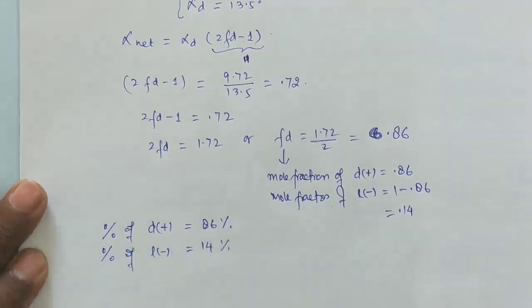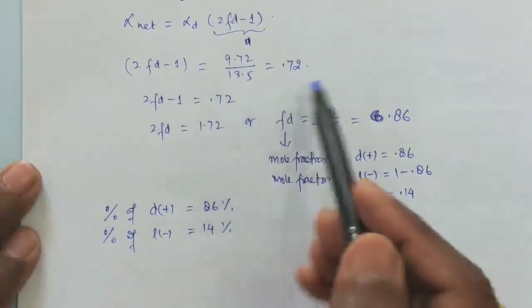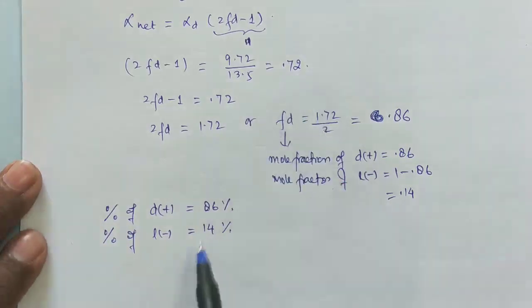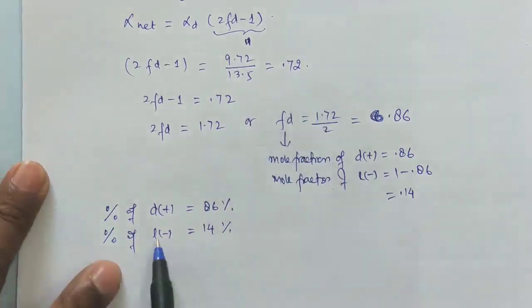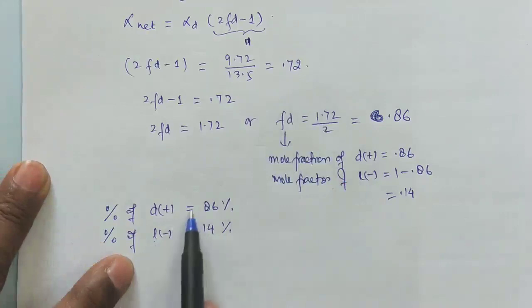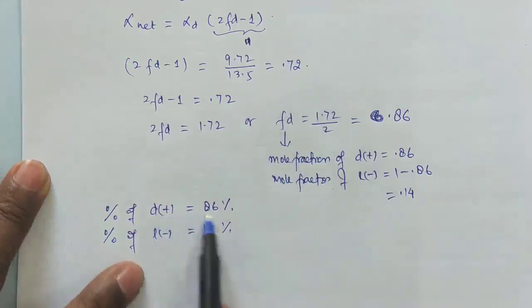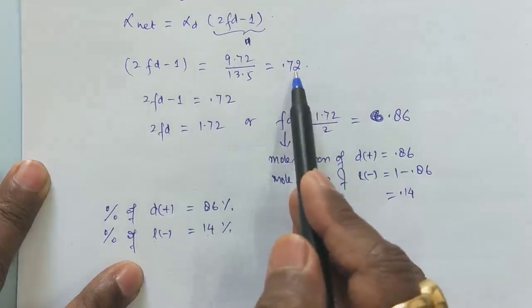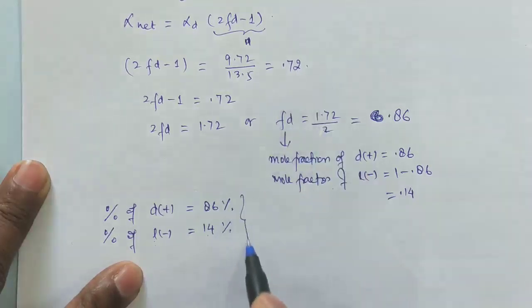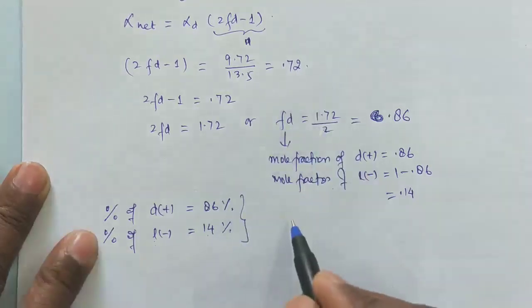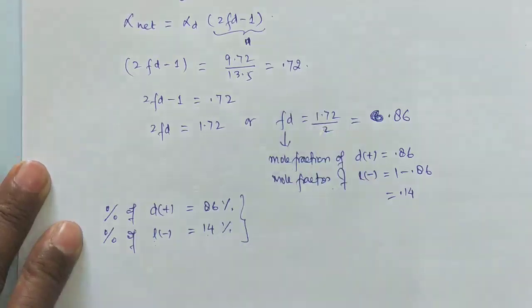And how much D is in excess? See, how much D is in excess? This 14% L will compensate 14% of D. Then how much will be left? 72. So we can say that 72% is the optical purity of this mixture.